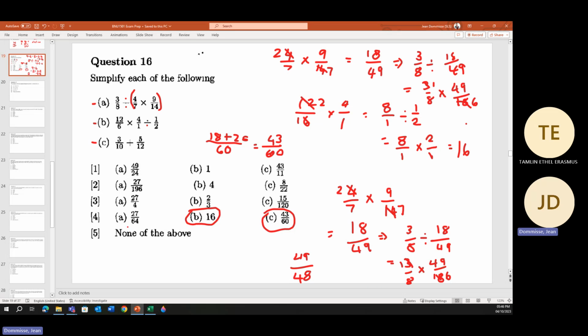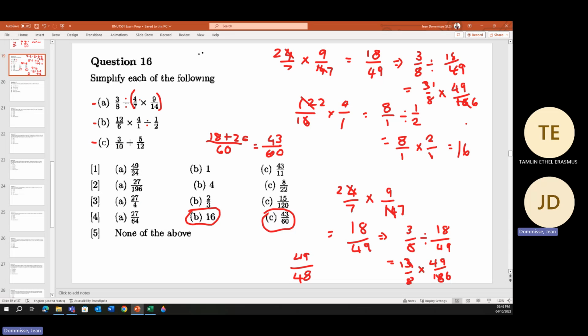Okay, very strange answer. Did I miss anything? But that is 1 and 1/48.